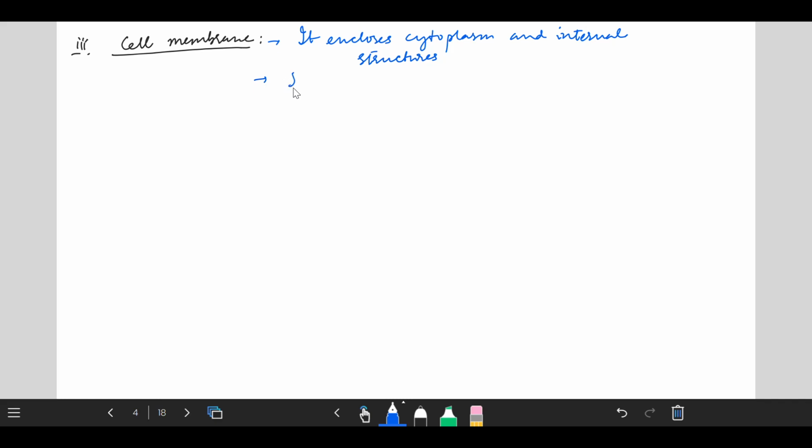So it exhibits selective permeability. That is an important topic. Now, glycoprotein and glycolipids are the composition, and their chemical composition varies among archaea and bacteria. So the chemical composition is glycoprotein and glycolipids.